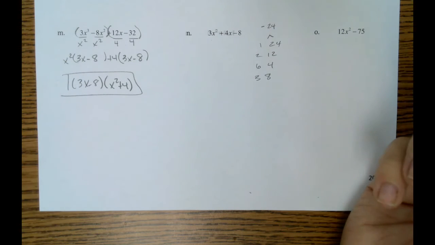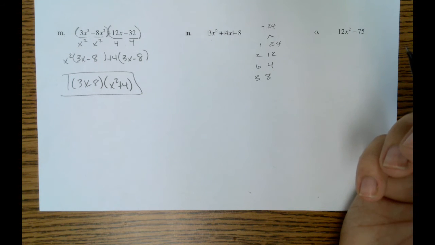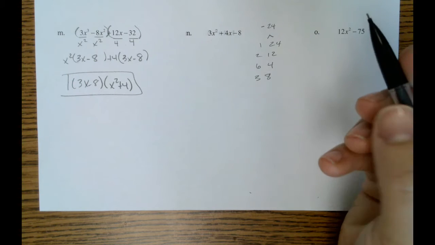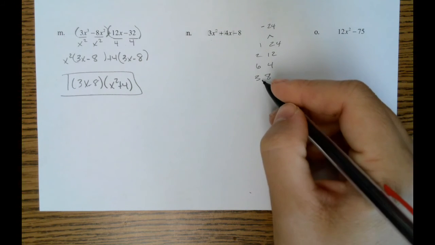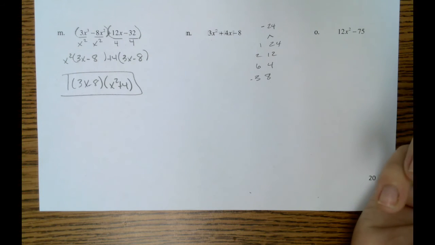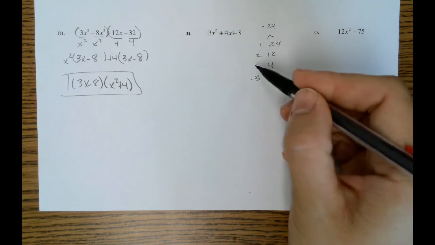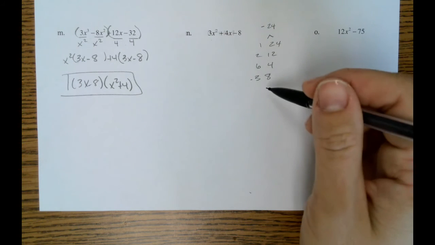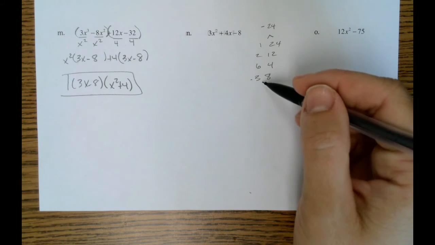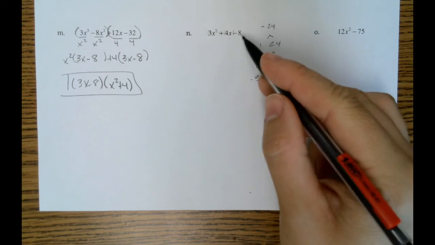I want to add to 4. That would add to 5 if we did a negative 3. Unless I'm missing one, I don't think that this one adds to 4. I don't think we can do that.